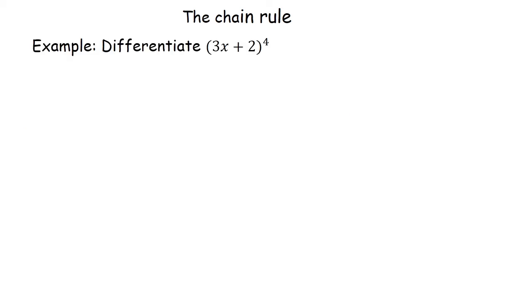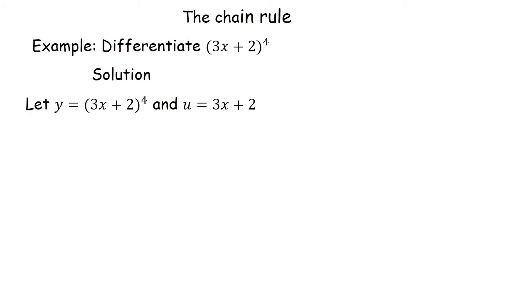So now let us get some examples. Our first one, we are going to differentiate (3x + 2) to power 4. So what would be our first step? Okay, it means you had already done this.